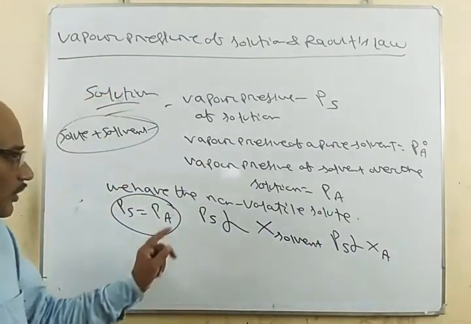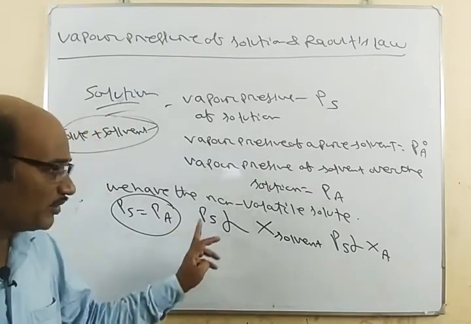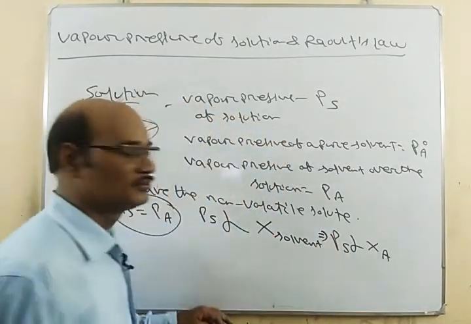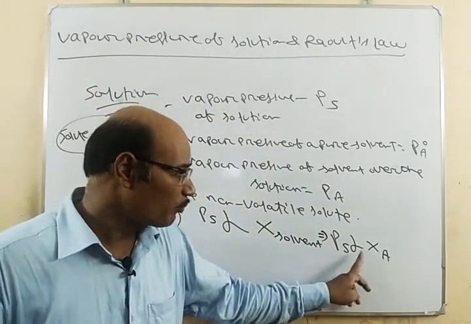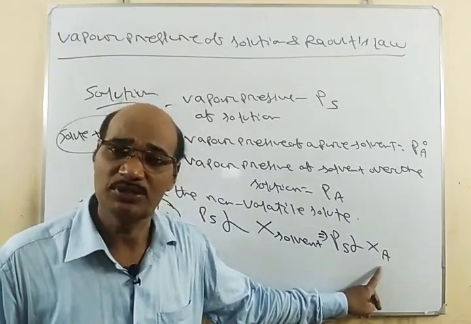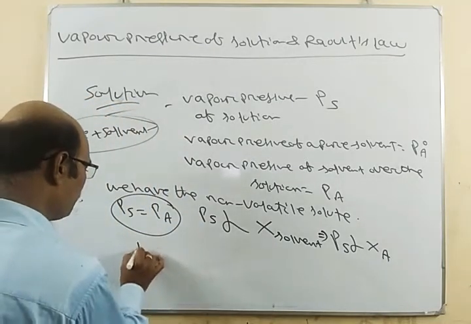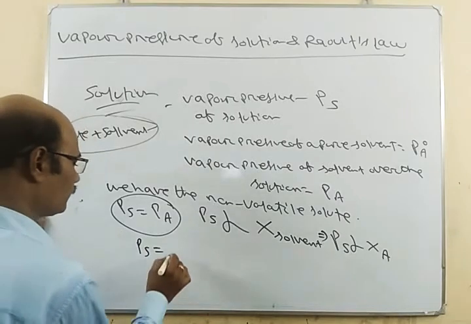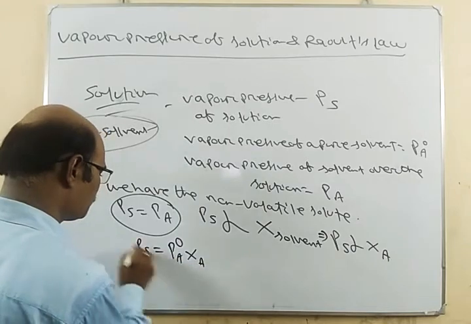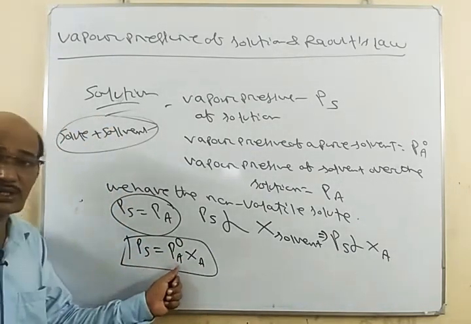So the vapor pressure of the solution is proportional to the mole fraction of the solvent. PS is proportional to XA, where XA is the mole fraction of the solvent. Or you can write PS is equal to PA naught XA.